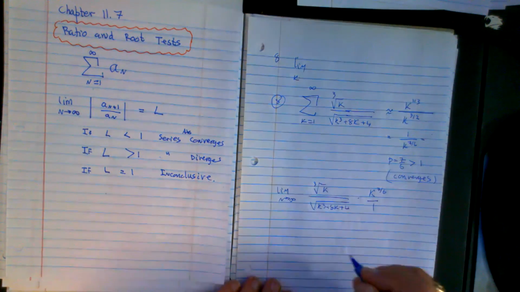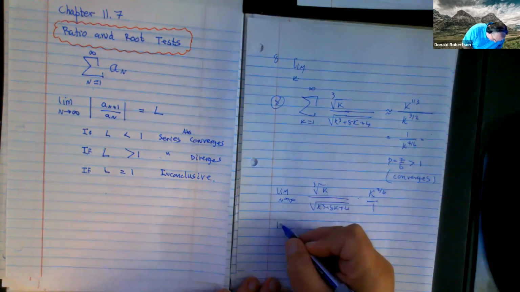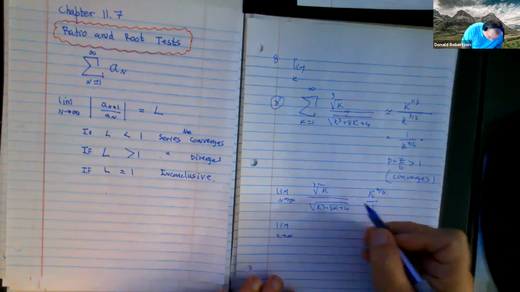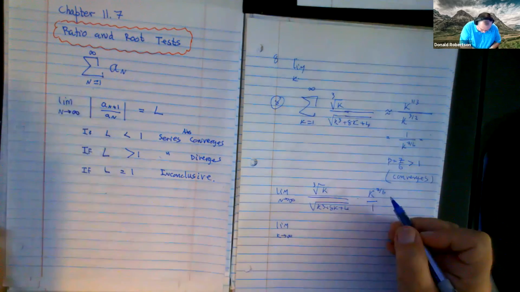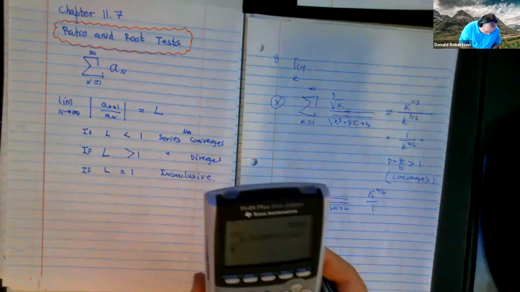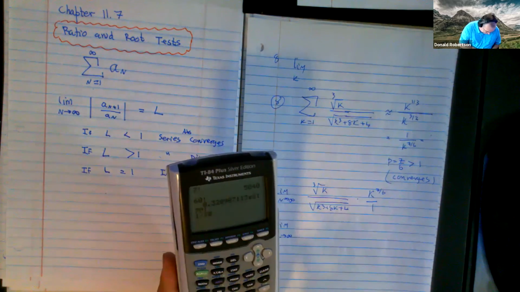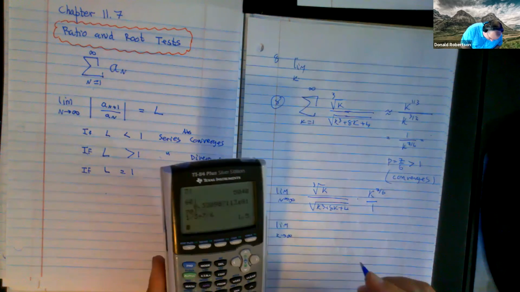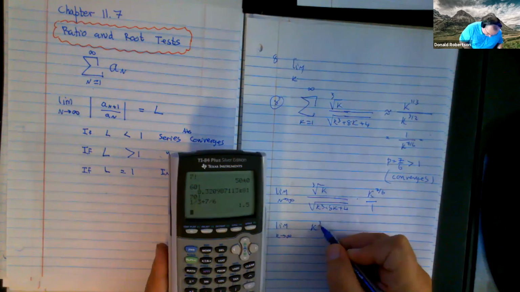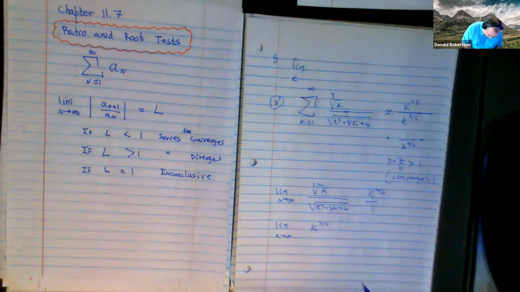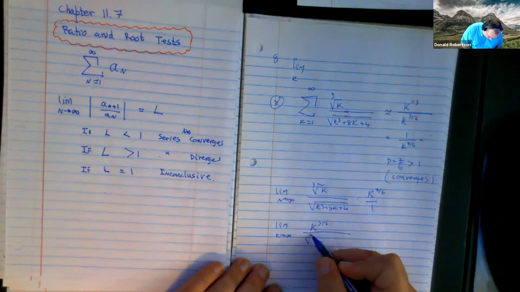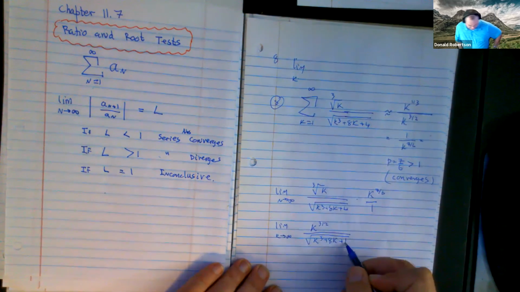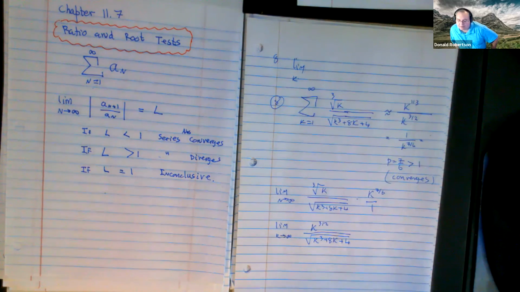Okay, so now evidently my n's have turned into k's. Here we go. That's a third, and that's 7/6. So if you take 1/3 and you add it to 7/6, you get k to the 3/2 all over k cubed plus 8k plus 4. So with me? Yeah.